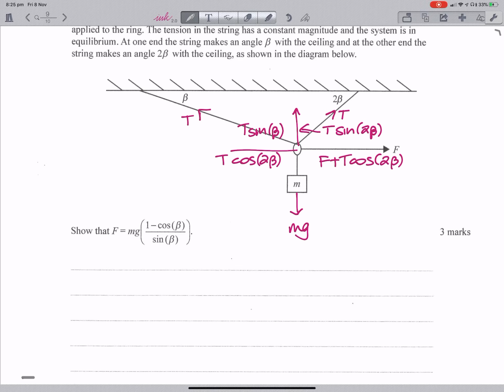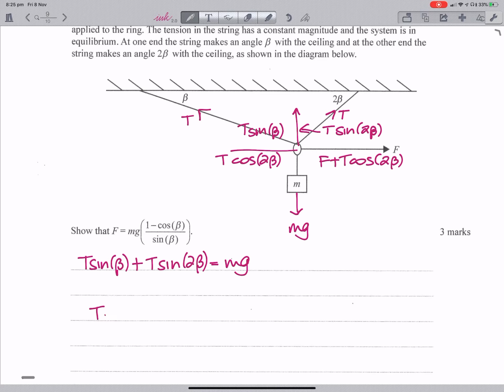Okay, so what do we know first? We know T sine beta plus T sine 2 beta is equal to mg.